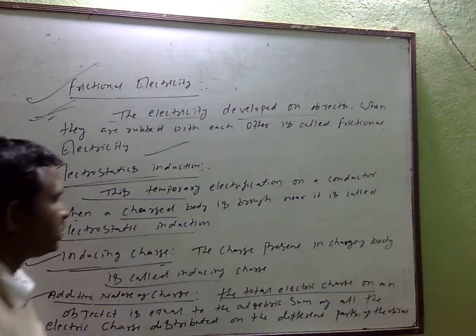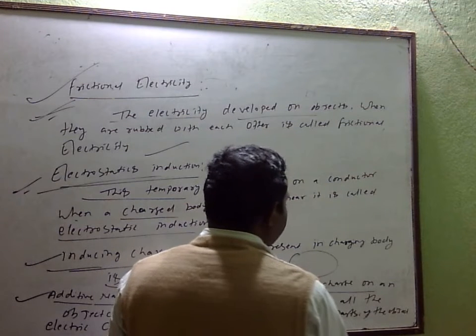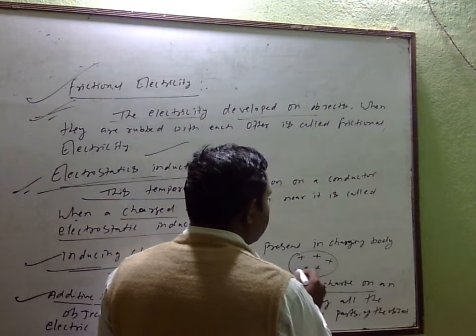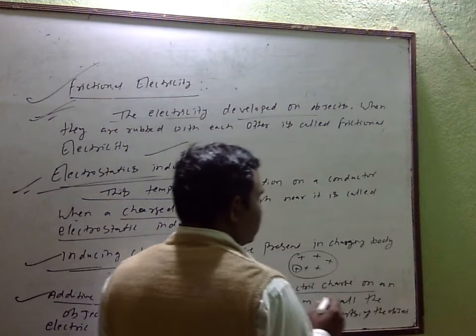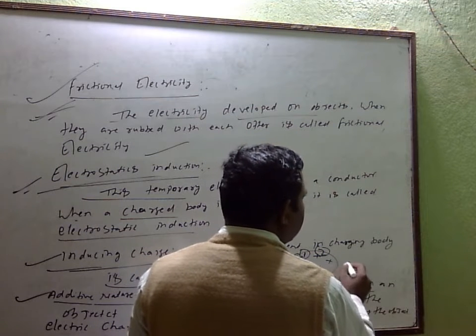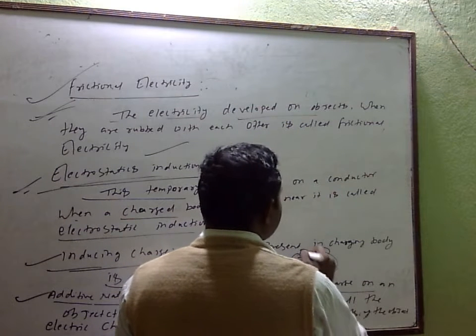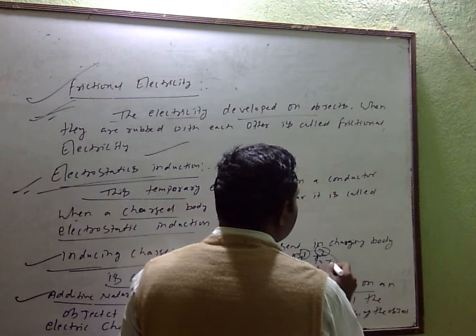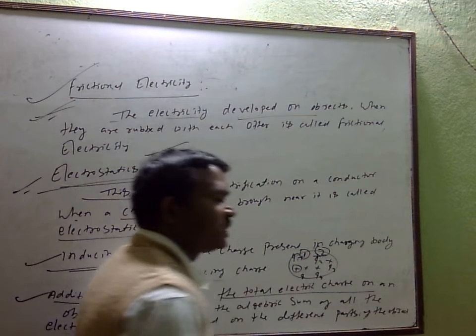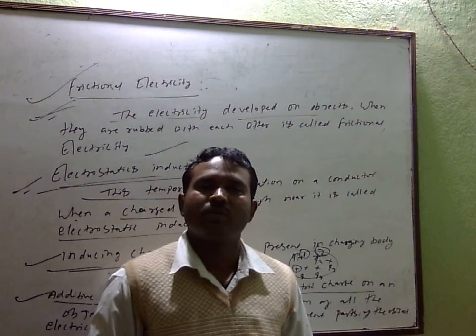Suppose I have an object, here is charge, here is charge, here is charge. All have some value of charges. Suppose here is 1 coulomb, here is 2 coulombs, 3 coulombs, like that. You can also assume here is q1, q2, q3, q4, q5, like that. So many charges are present on different parts of the object.